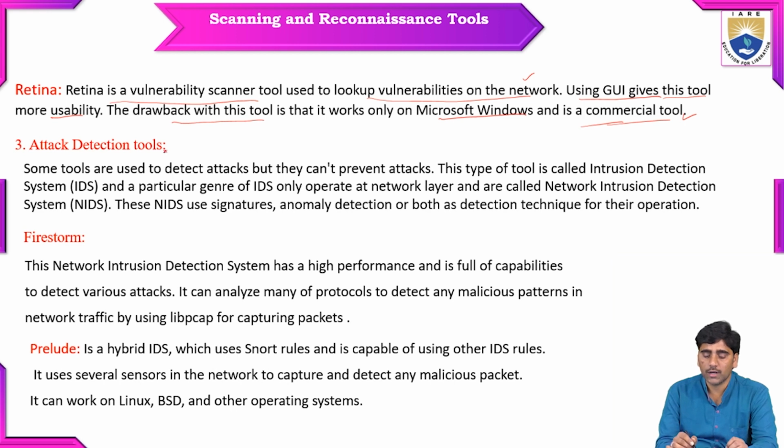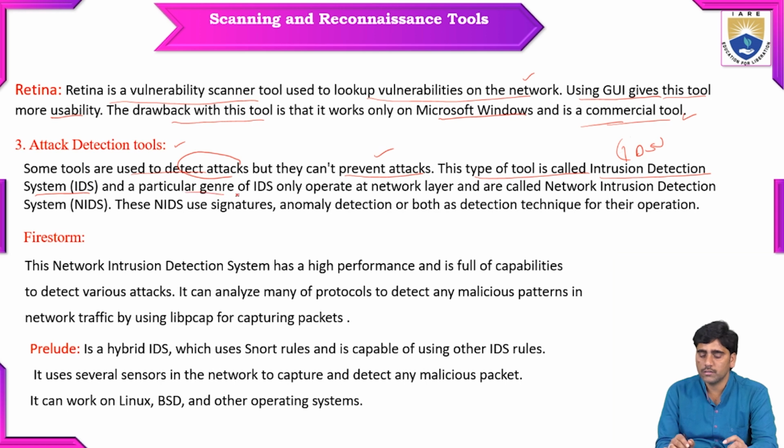And the third one is attack detection tools. Some tools are used to detect attacks, but they can't prevent attacks. This type of tool is called an intrusion detection system.